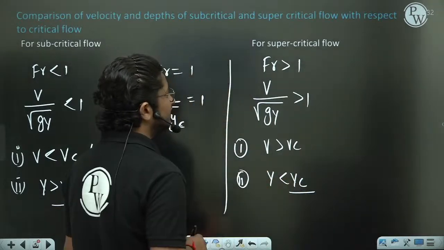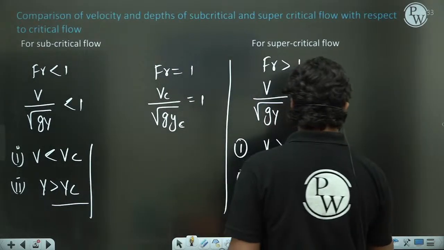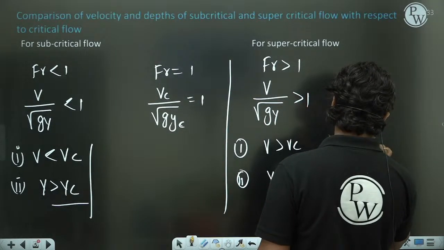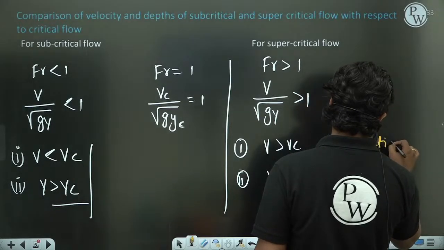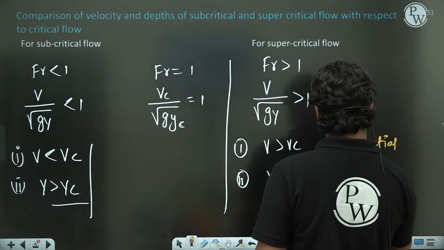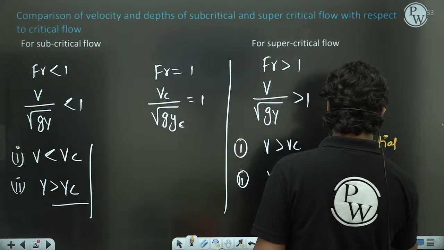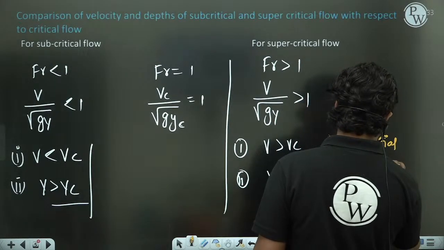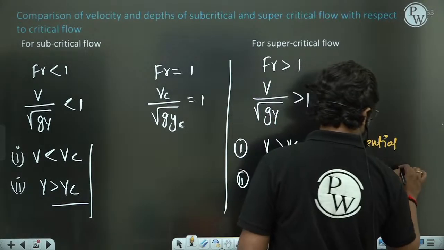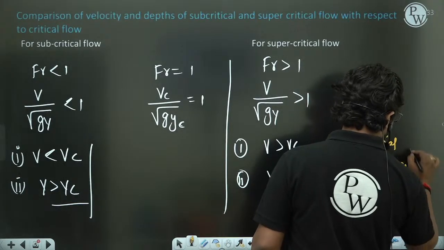Now, this supercritical flow we also call torrential flow, and sometimes also shooting flow. Torrential flow as well as shooting flow.